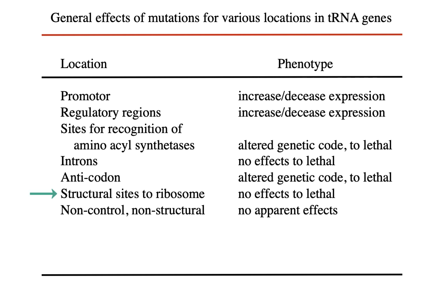If there are mutations that affect the structure of the tRNA such that it doesn't fit as well into the ribosome, then there could be lethal effects there. Although some mutations in the tRNAs that change the shape slightly have no apparent effects. And then if there are mutations in the non-control and non-structural regions, then there are no apparent effects.